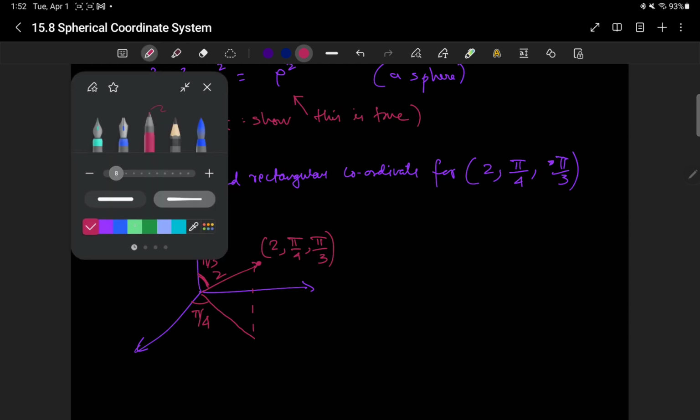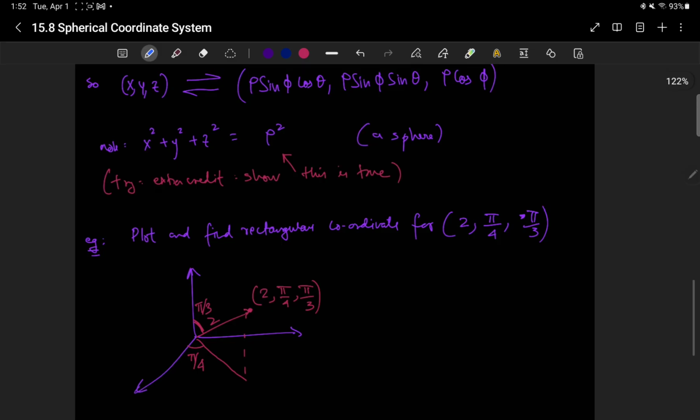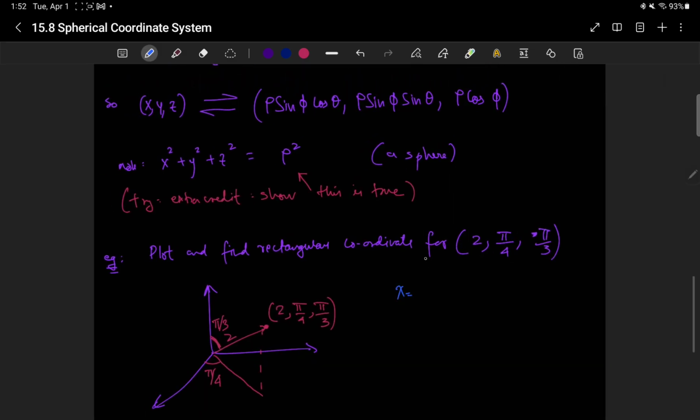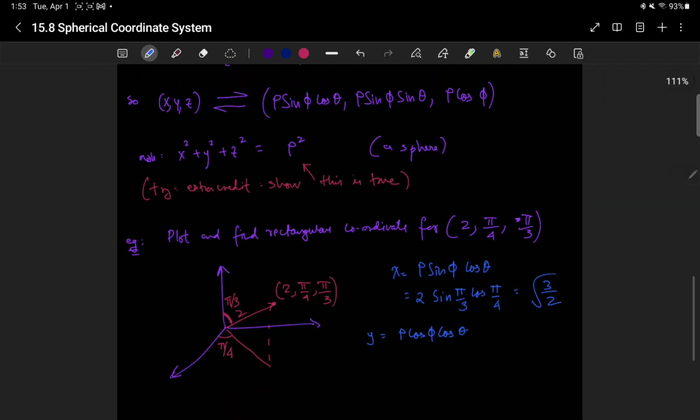But if I am to rewrite this in rectangular coordinates, I'm going to need the relation that we had up there. So x is going to be rho sine phi cosine theta, keeping in mind that phi is the last angle. So this is 2 sine pi over 3 and cosine pi over 4, which will come out to root 3 over 2. Similarly, y is rho sine phi sine theta.